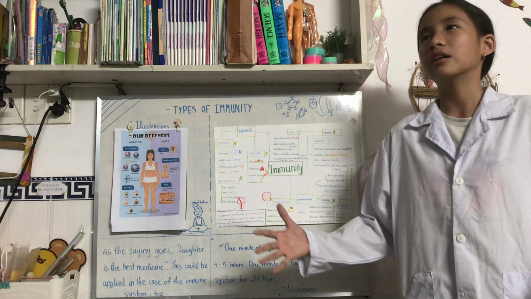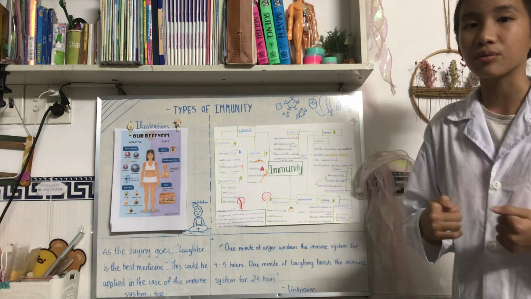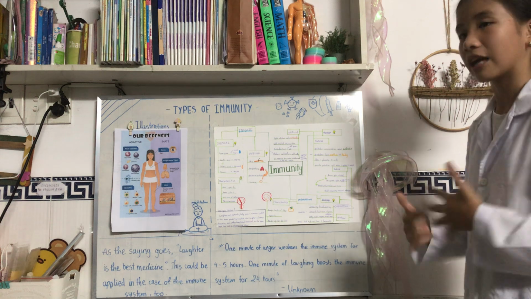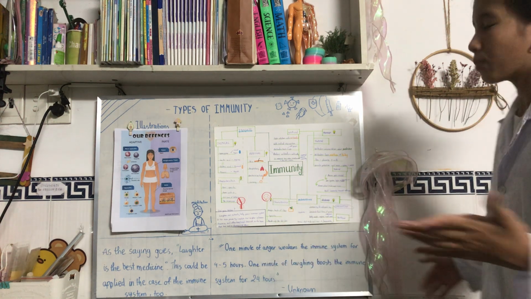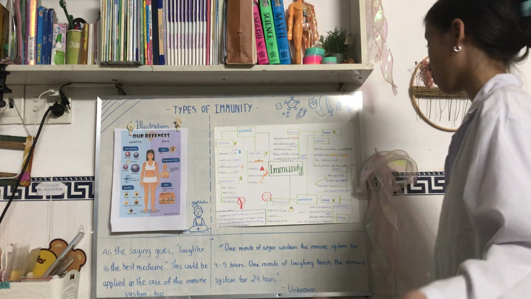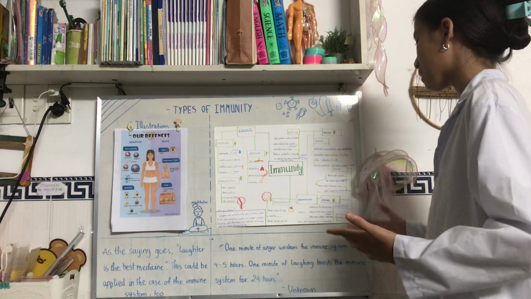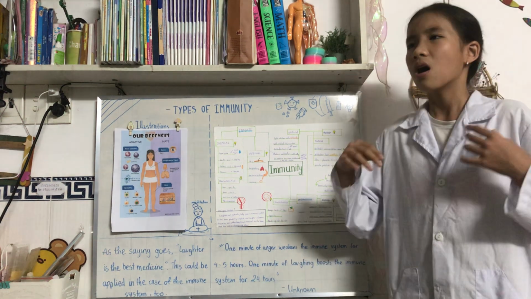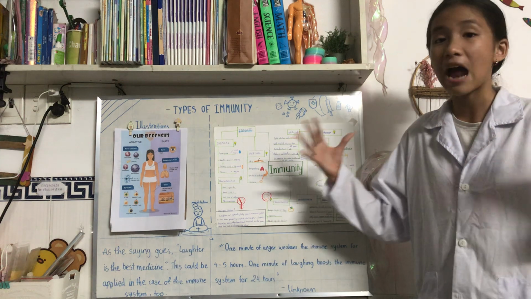Vaccination helps us to be immune against a kind of bacteria, for example, COVID-19. Vaccines are basically weakened and dead forms of pathogens or germs.